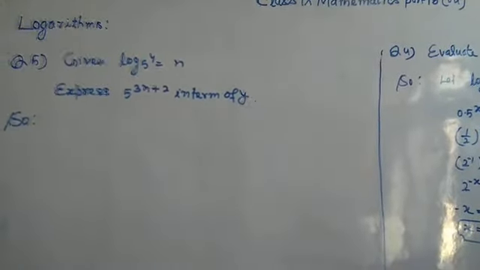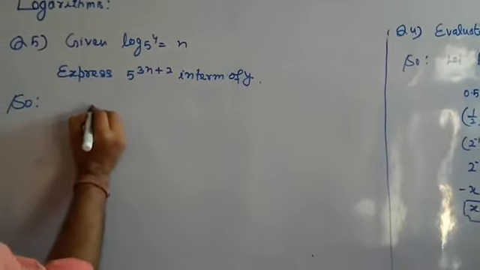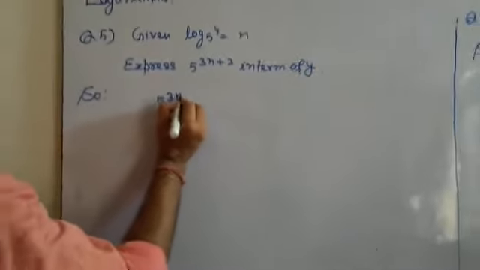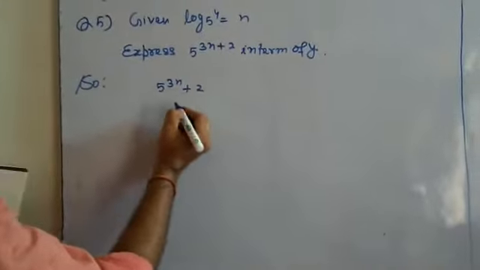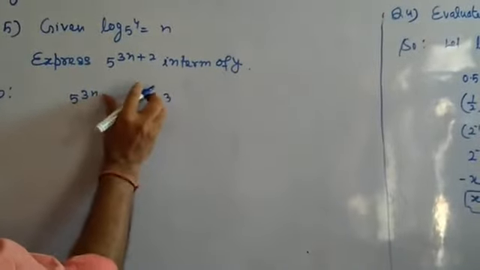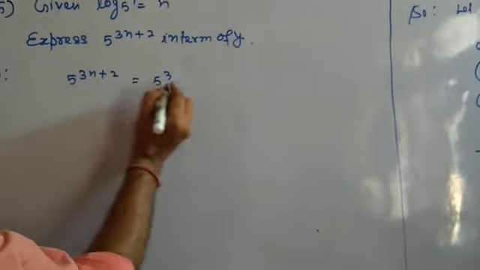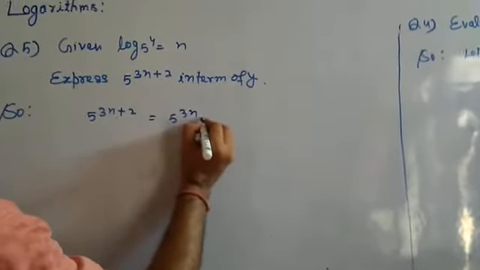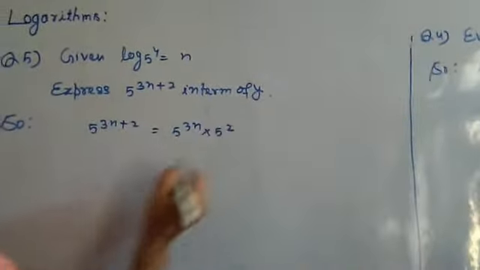Solution: 5 power 3n plus 2 may be written as 5 power 3n into 5 power 2.